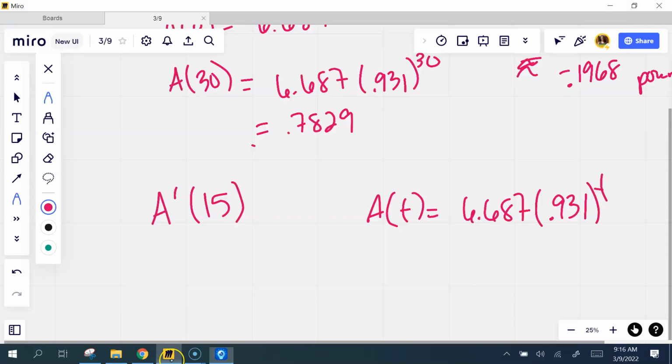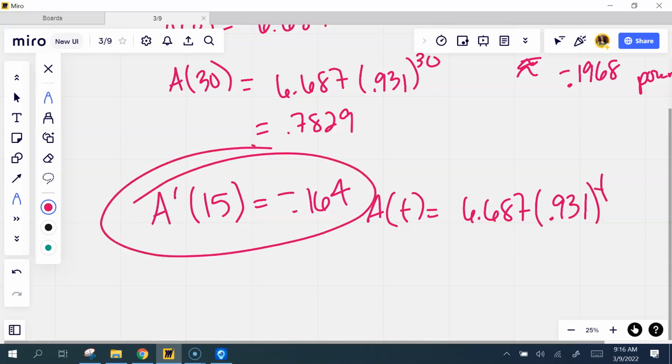So I literally said, and this is what the scoring guide says, A prime of 15 equals negative 0.164 or negative 0.165. You get a point for just that.